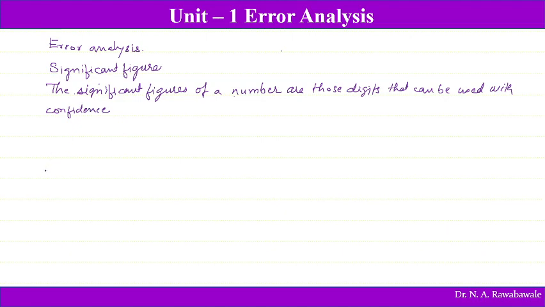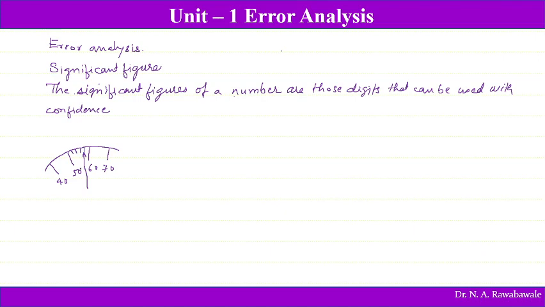Say for example, there is a dial gauge for which some readings are noted down. Here there is a pointer. This pointer shows some reading here. Say here this is 40, 50, 60, 70, and here we have 5 divisions.